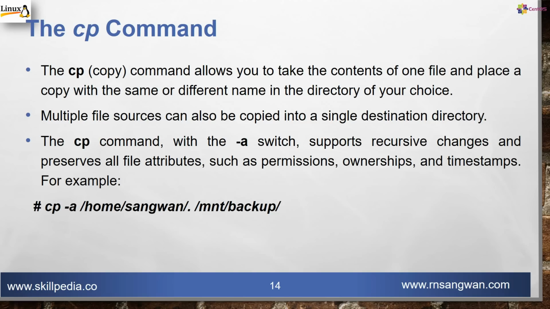The cp command with the -a switch supports recursive copying and preserves all file attributes such as permissions, ownership, and timestamp. For example, cp -a /home/sang1/. means all the contents from the sang1 directory, to /mnt/backup. It will preserve all the permissions and privileges and still copy them into /mnt/backup.